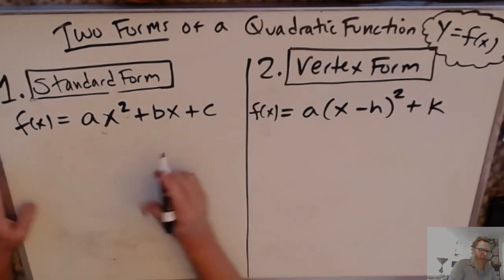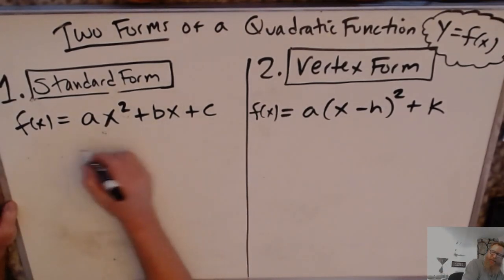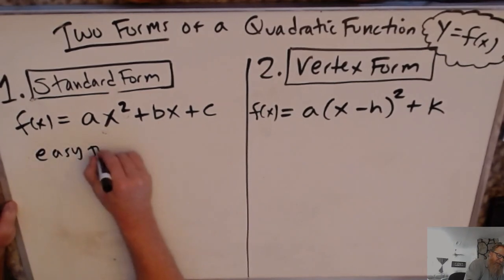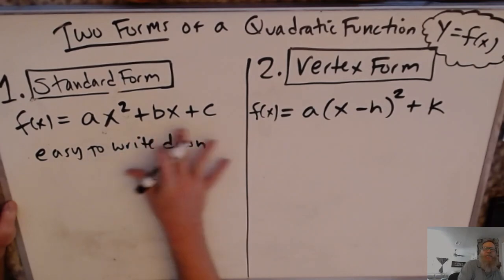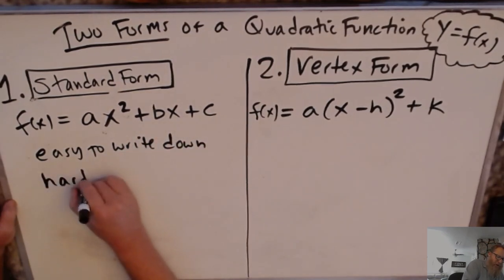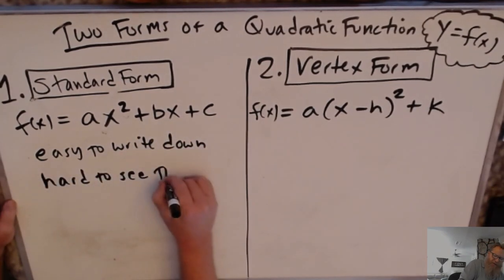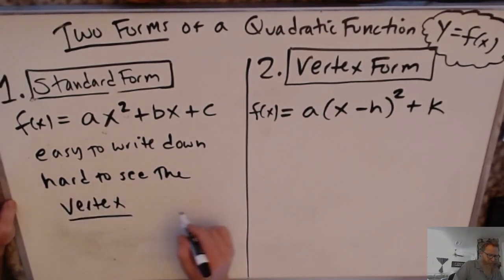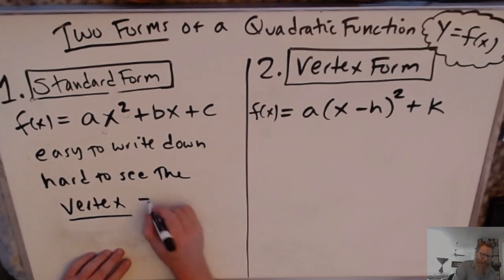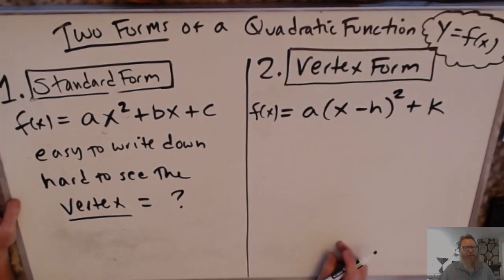The standard form is easy to write. It's very simple to write down, but it's hard to see the vertex. Not impossible, but it's hard to see what the vertex is.